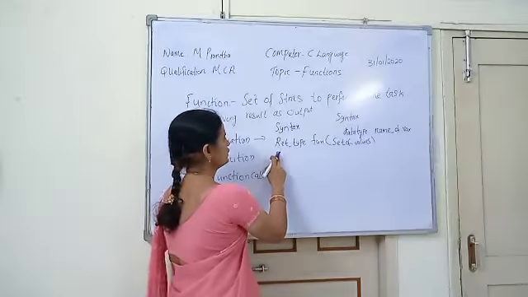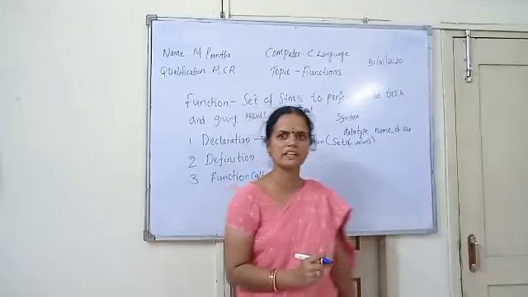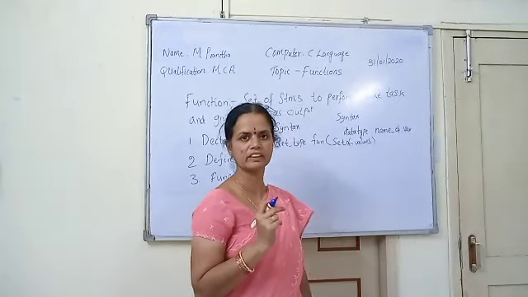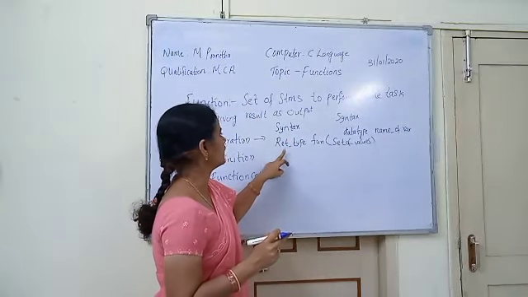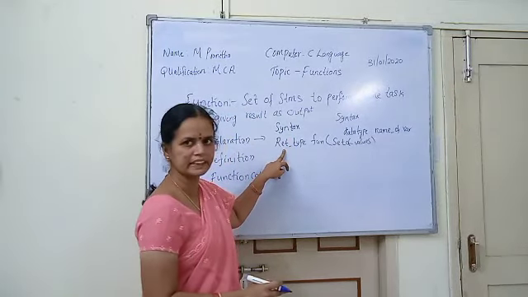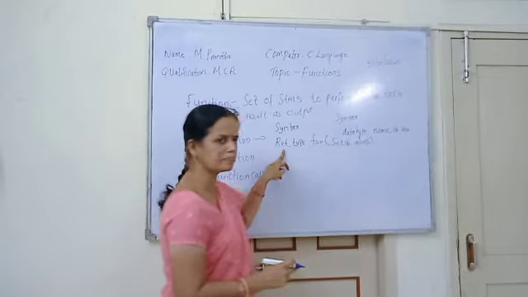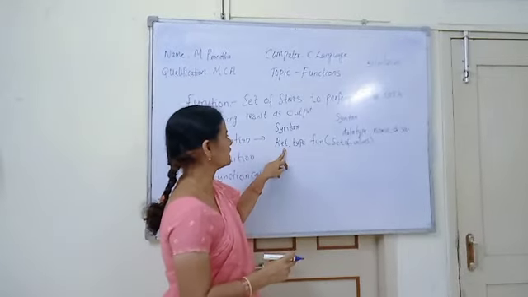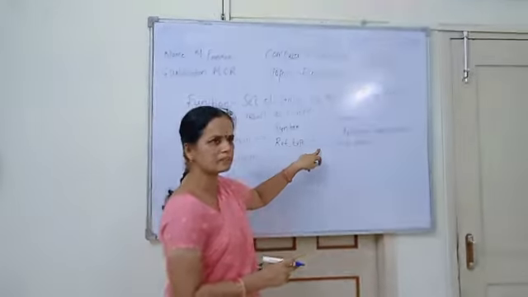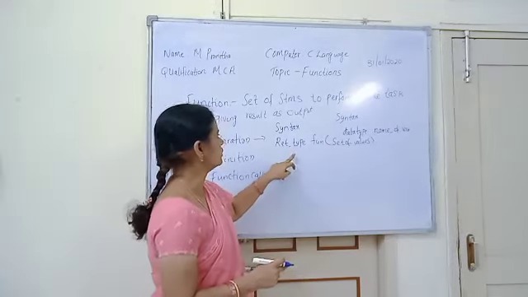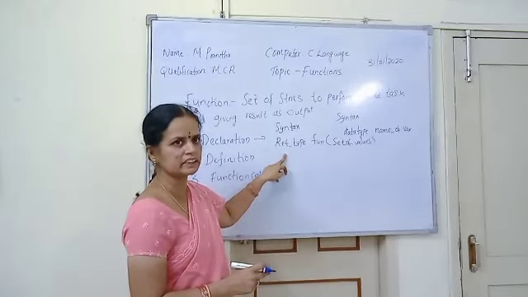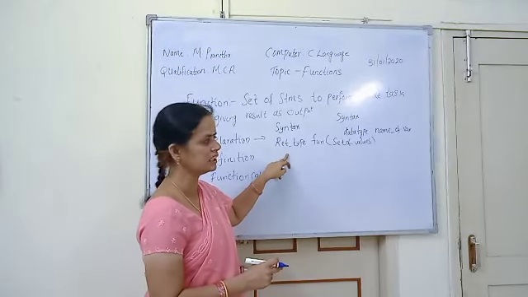Syntax is what lets the compiler understand how to define a function. Here we are indicating the return type. Return type is the type of the output it is returning. After the function performs some task, it will return some value, and which type of value is returned is indicated with the help of the return type.